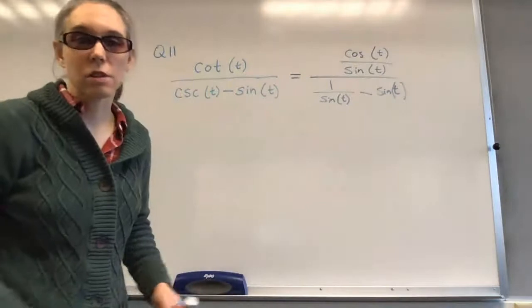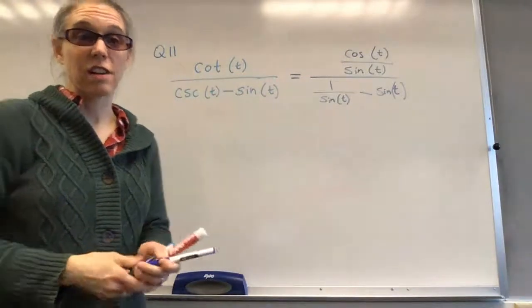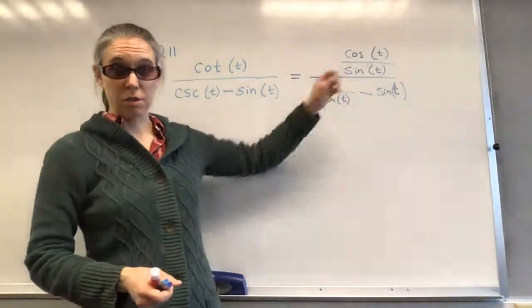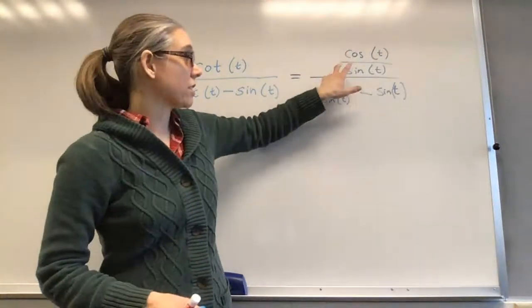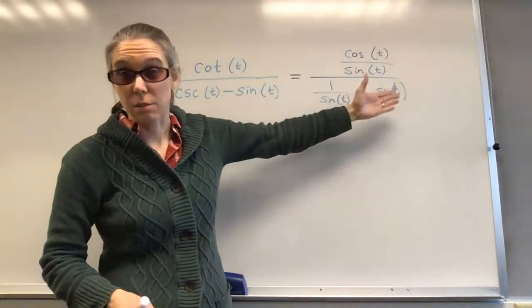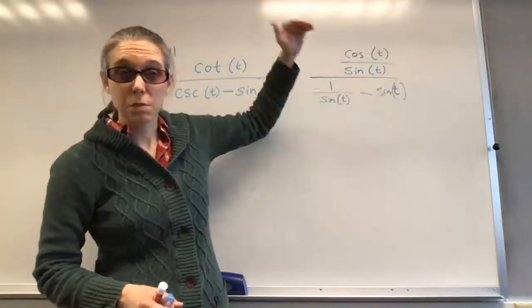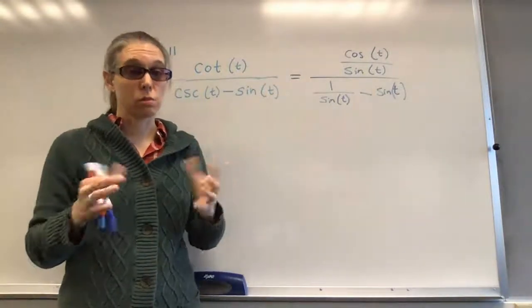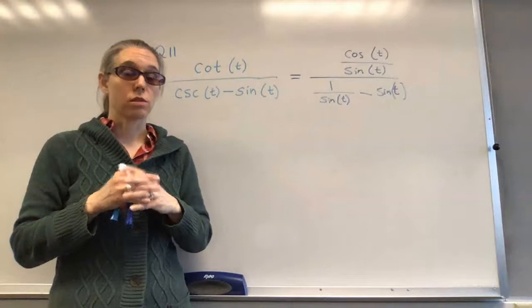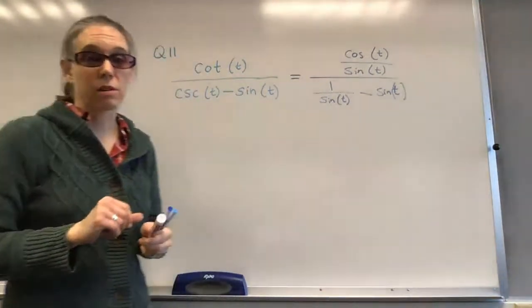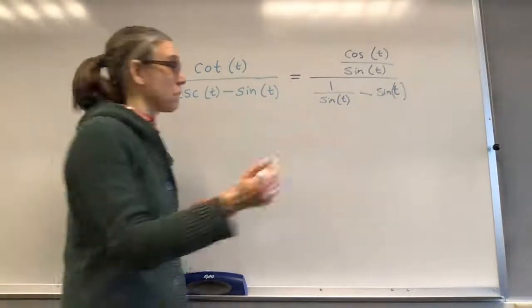By doing this, of course, now I have a complex fraction. Now, complex fractions are easy to simplify. If you just look at the little denominators within the complex fraction, we have a sine t, and then the denominator of this part is simply 1. So that means that if I multiply the numerator and the denominator by the least common multiple of all of those little denominators, which is just sine t, then I can clear this complex fraction down to a regular fraction.